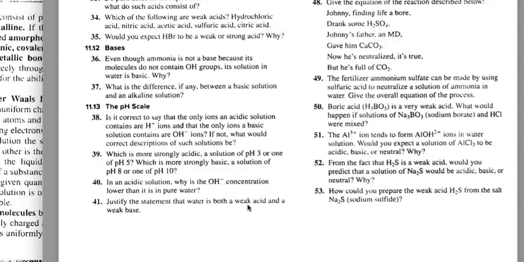So it has as many hydrogen ions as it does hydroxyl ions. So there is no excess of either. Therefore, water presents itself as both a weak acid and a weak base. Obviously, I'm talking about pure water, not contaminated water in any way.